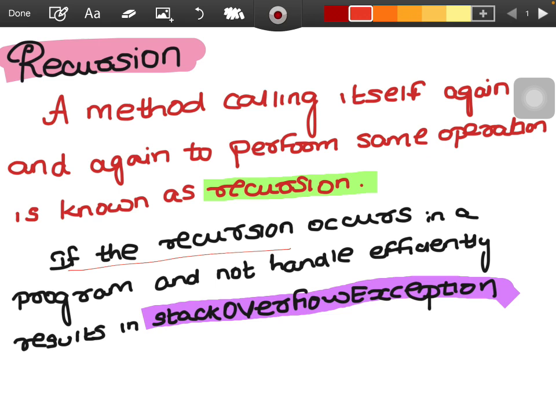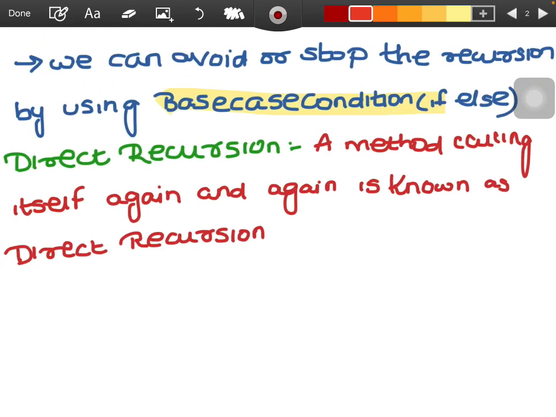So to overcome this problem we have the base case condition, and here we get a stack overflow exception. When we call the method again and again for the same operation, we get a stack overflow exception because it is not handled efficiently. By using the base case condition we can avoid or stop the recursion.